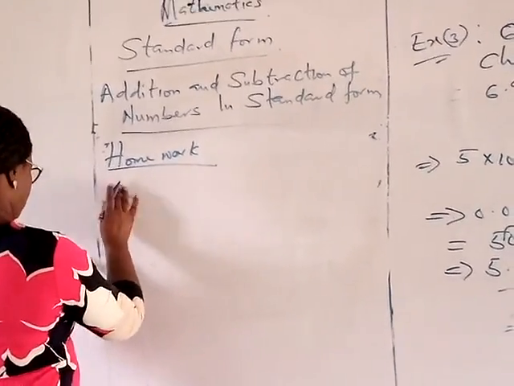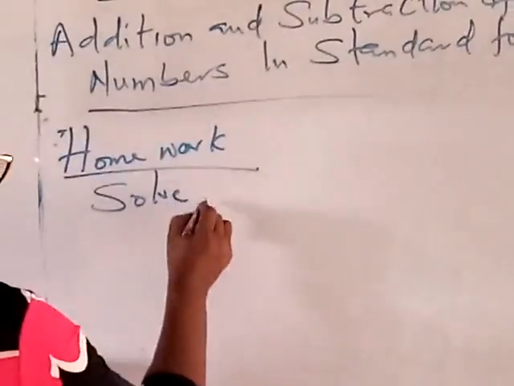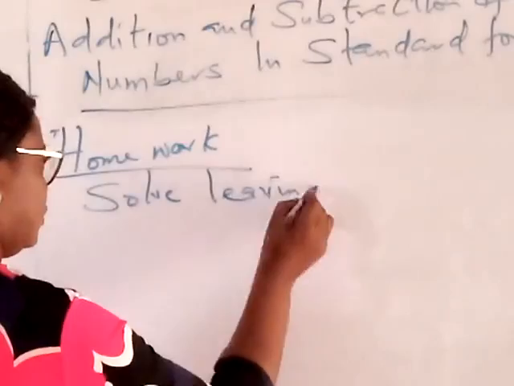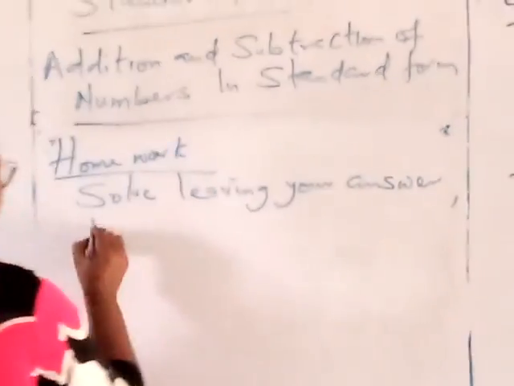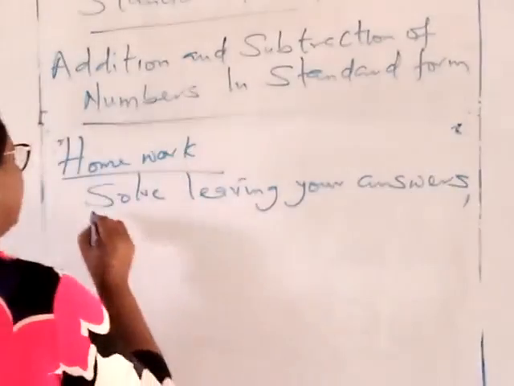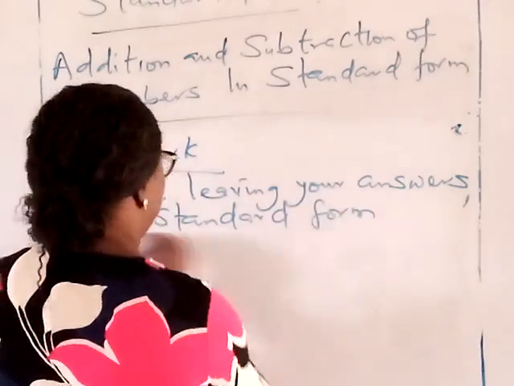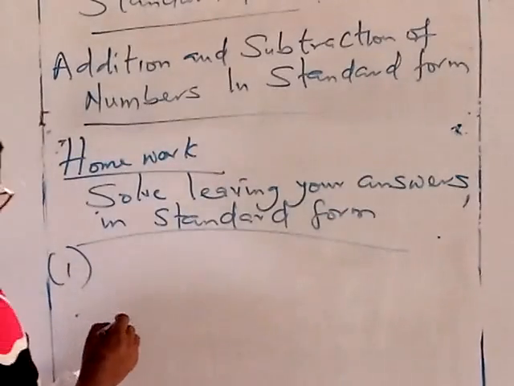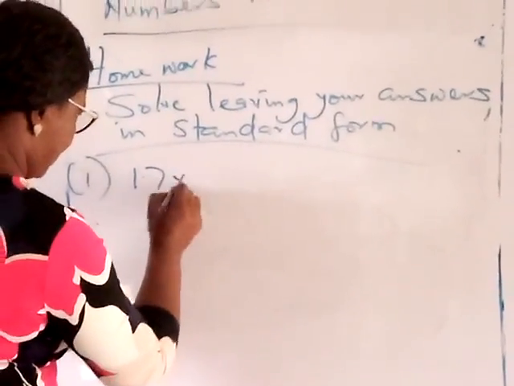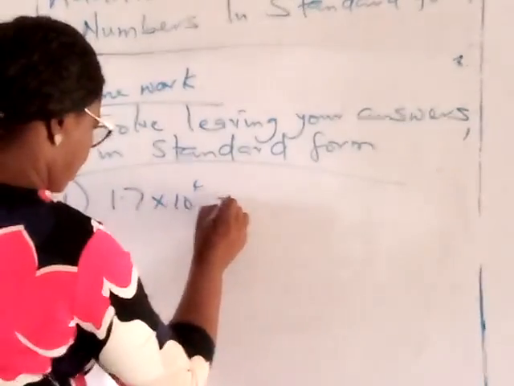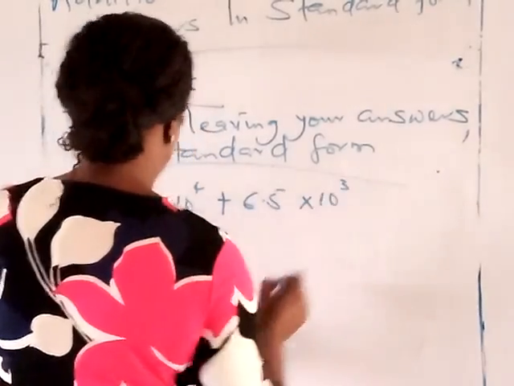You have to solve this, leaving your answer in standard form. 1: 1.7 times 10 raised to power 4 plus 6.5 times 10 raised to power 3.